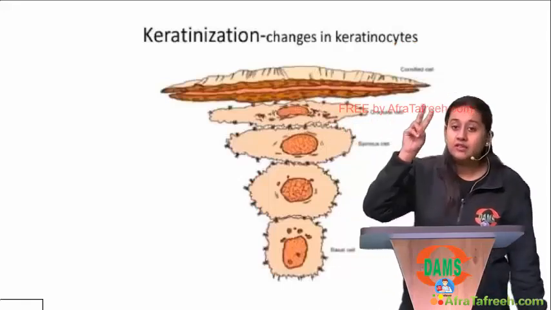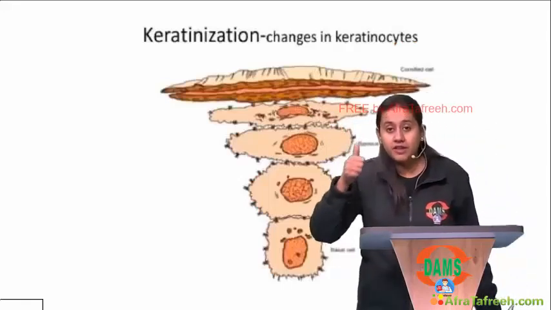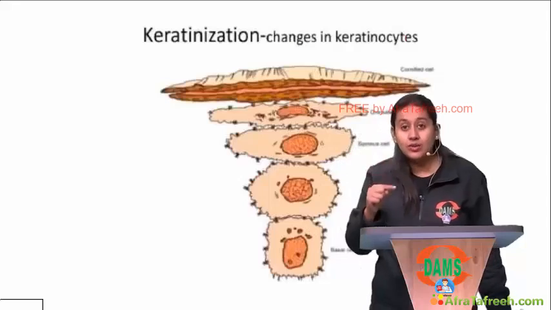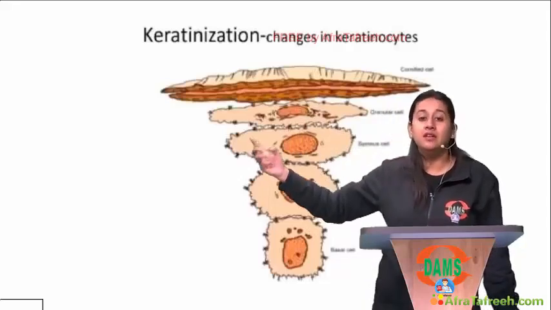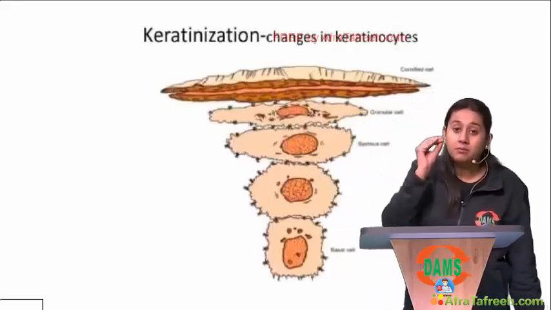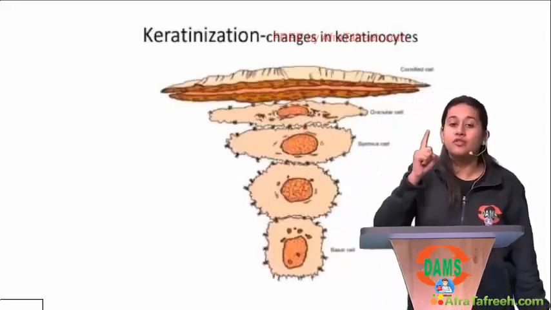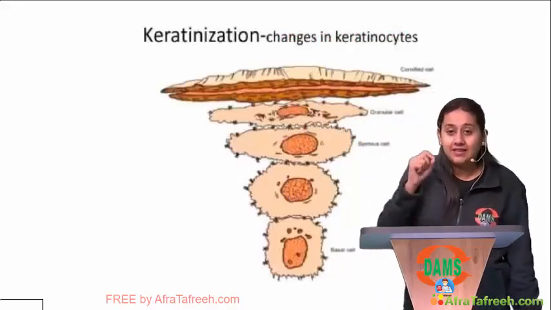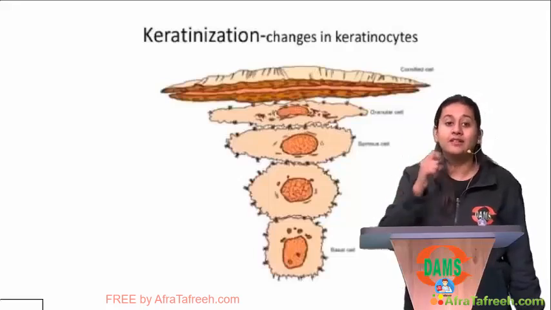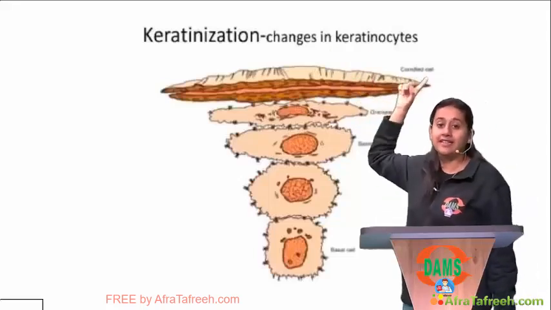Both these processes, loss of intracellular organelles as well as change in shape of the cell, are a must for formation of a strong barrier. And these two processes together are known as the process of keratinization.